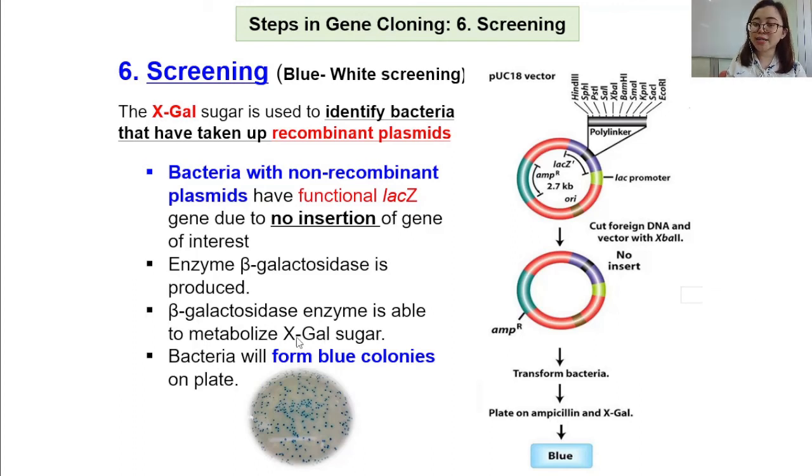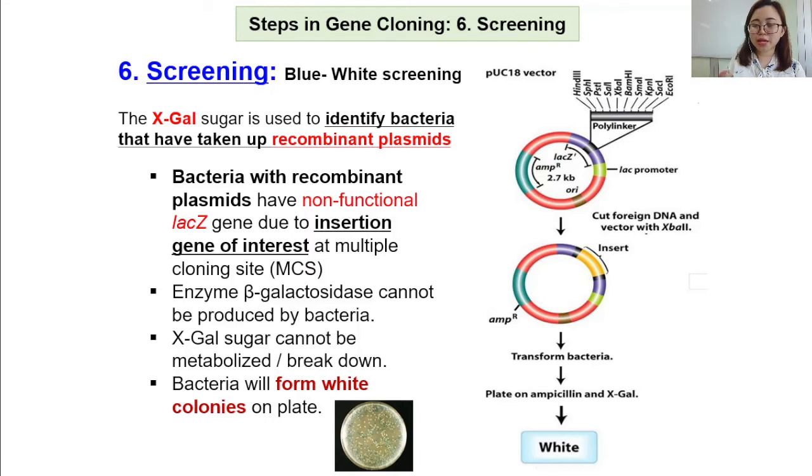If it can digest the X-gal sugar, it will cause the colony to be blue. If they can digest the X-gal sugar, the bacteria will form blue colonies on the plate. So if no gene of interest, LacZ functional, enzyme produced, able to metabolize X-gal sugar, form blue colonies.